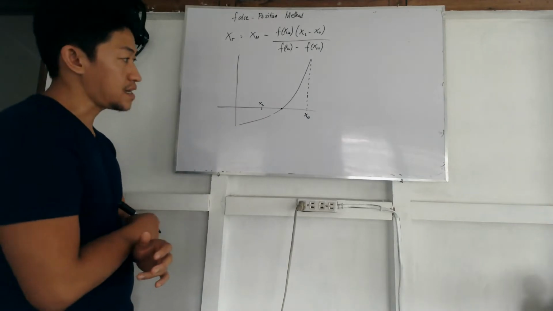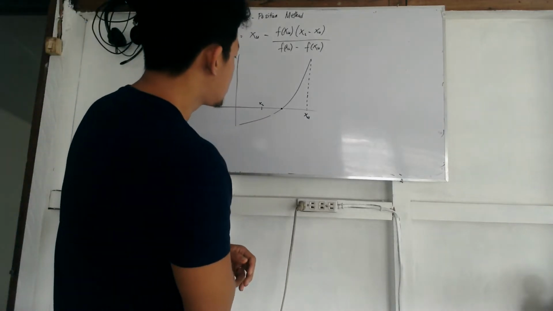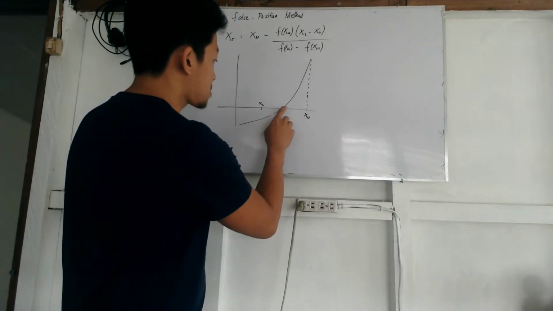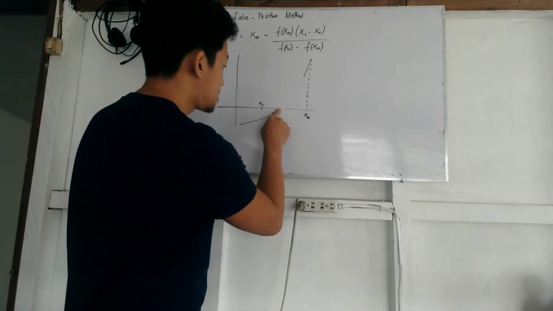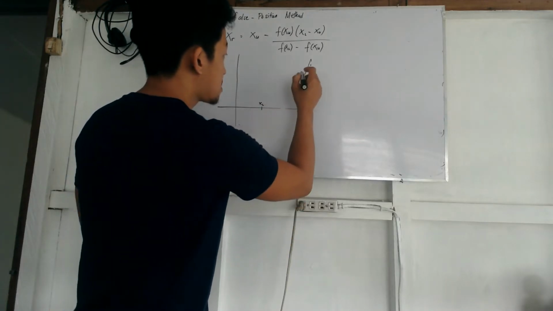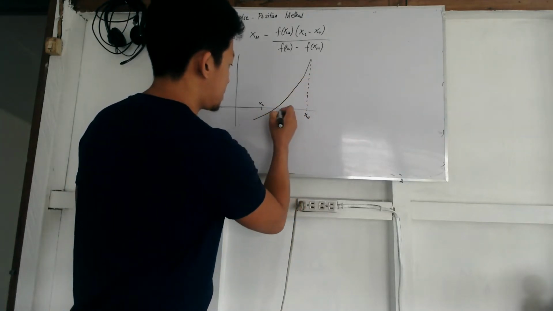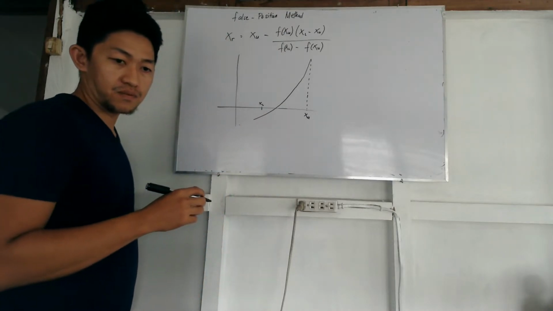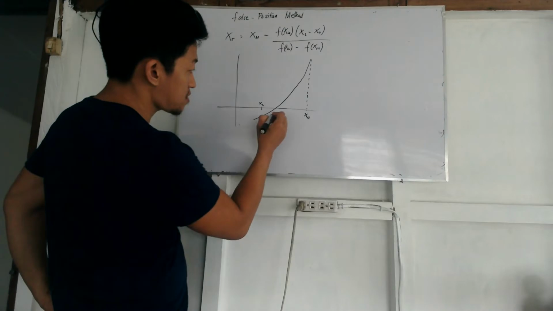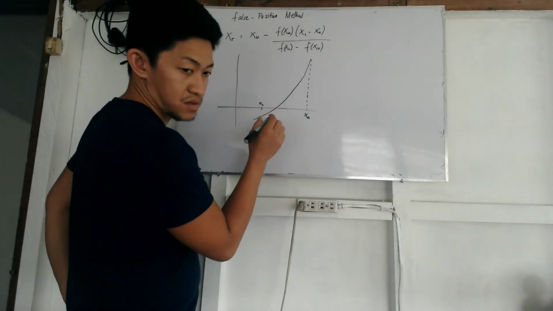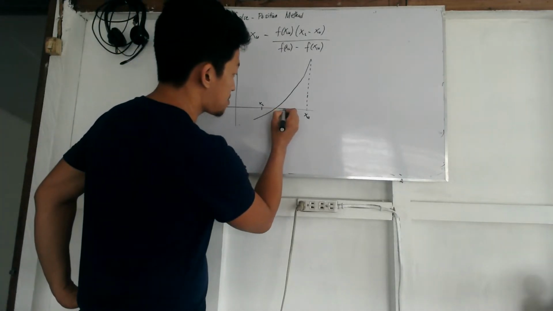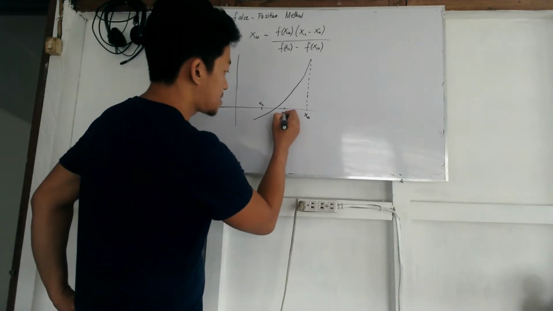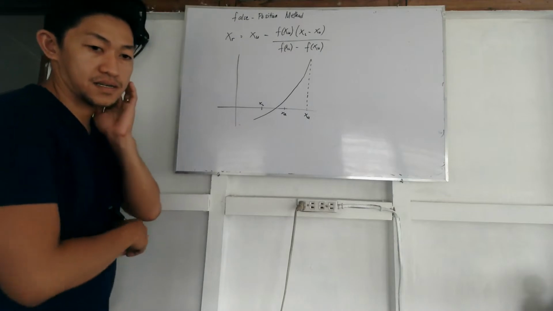And if you use the bisection method, you get the middle point. This will be your XR.